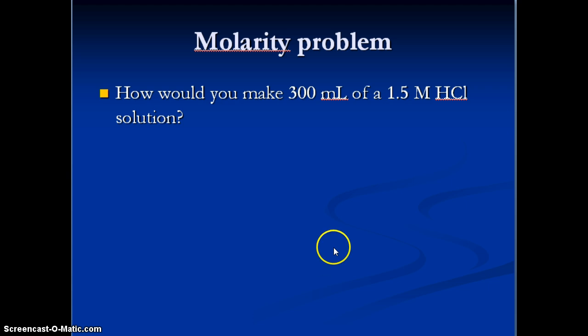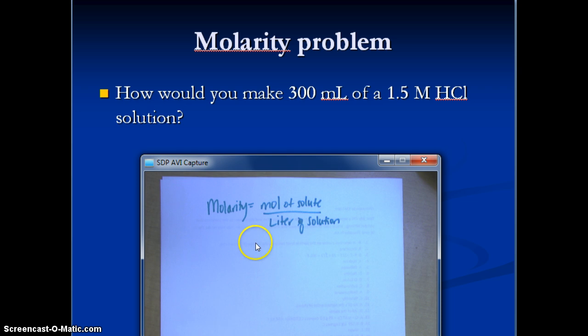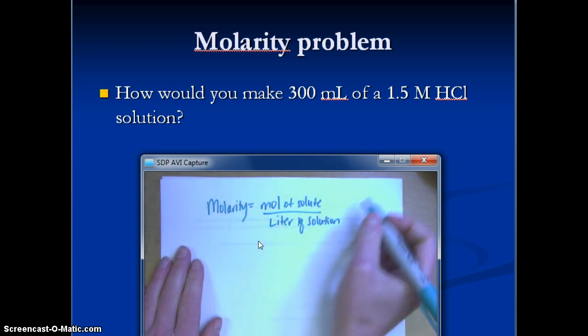So we could figure out other problems, such as how would you make 300 milliliters of 1.5 molar hydrochloric acid solution. So we would have to know how many grams to use, since our scales only measure in grams, they don't measure in moles. So we would take our equation, molarity equals moles of solute per liter of solution, and we would just plug in what we have.